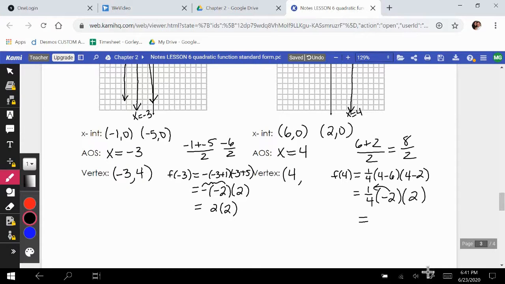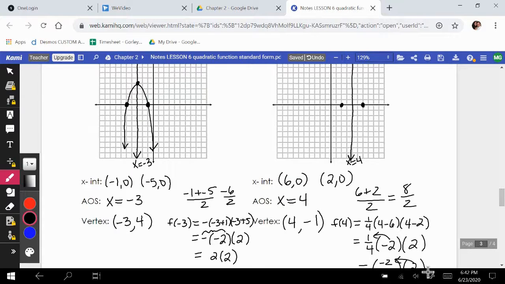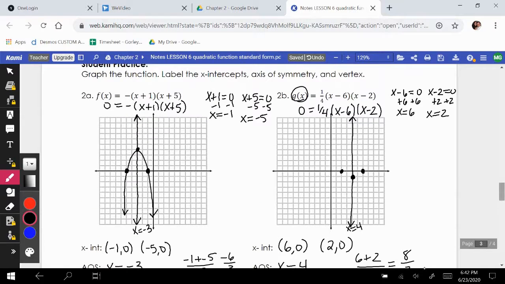So this would end up being negative 2/4 times 2, or negative 4/4. So that reduces down to negative 1. Okay, so the vertex is 4, negative 1. And I can go ahead and connect those points in order to get my graph.